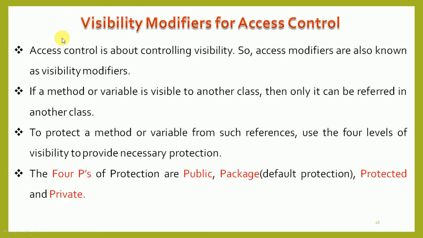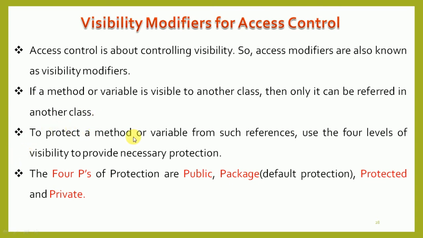Different visibility modifiers for access control. Access control is about controlling the visibility of your program. Access modifiers are also known as visibility modifiers. If a method or variable is visible to another class, then only it can be referred to in other classes.